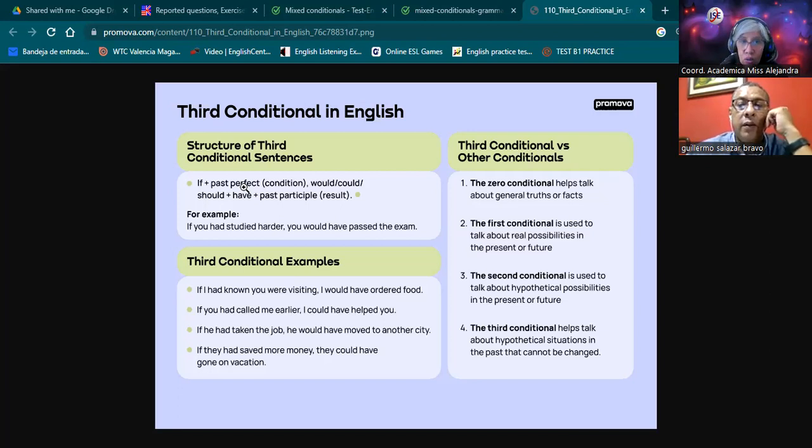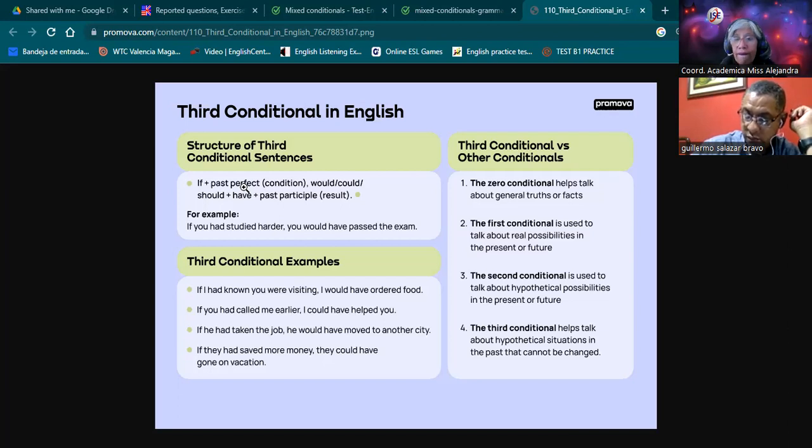If I had known you were visiting, I would have ordered food. If you had called me earlier, I could have helped you. If he had taken the job, he would have moved to another city. If they had saved more money, they could have gone on vacation. So we're talking about unreal things in the past, unreal circumstances, unreal consequences.